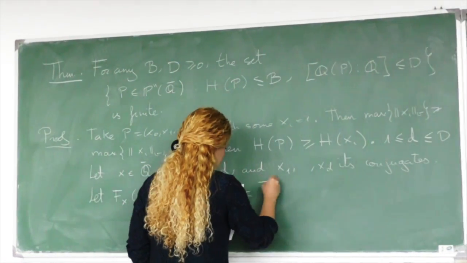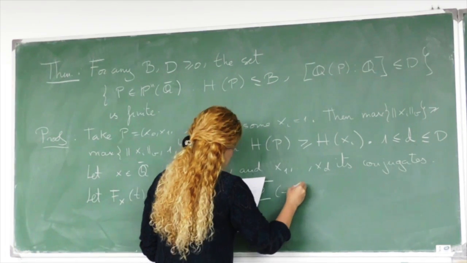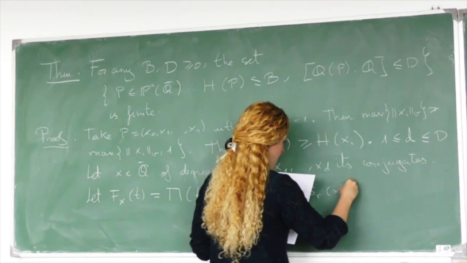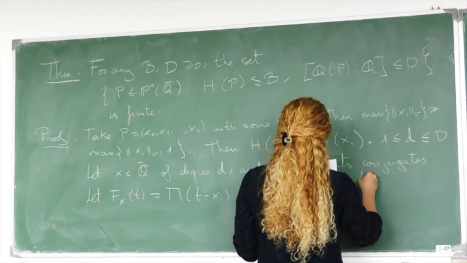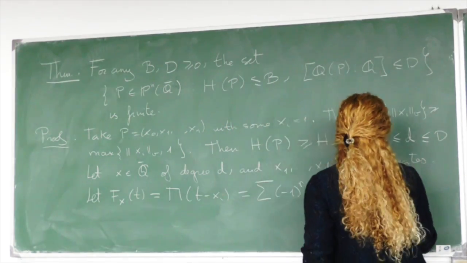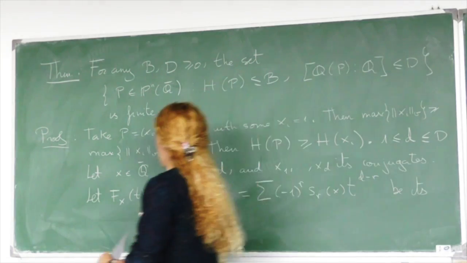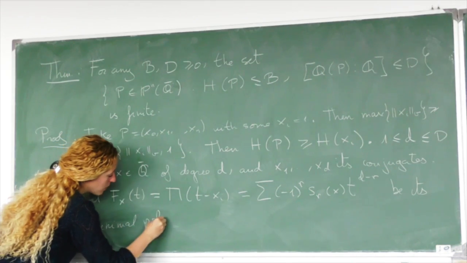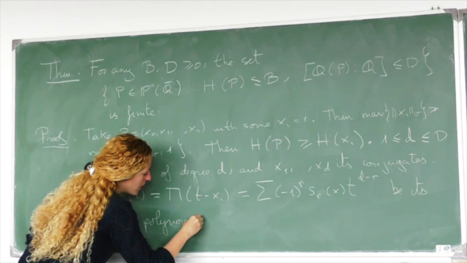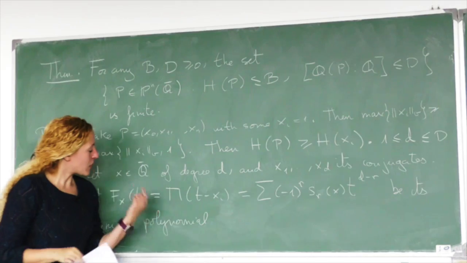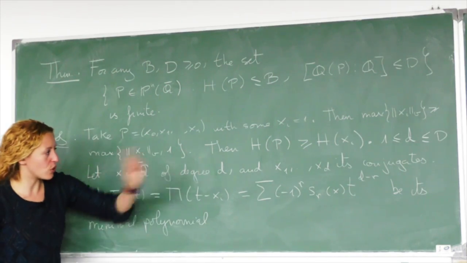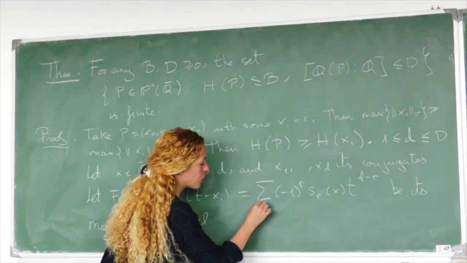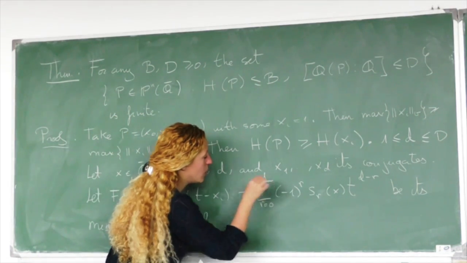But I can also write it as follows with symmetric functions: t^d minus r, so let this be its minimal polynomial. We know that the roots are the conjugate ones, so I wrote it with the corresponding coefficients, where of course r goes from 0 to d.